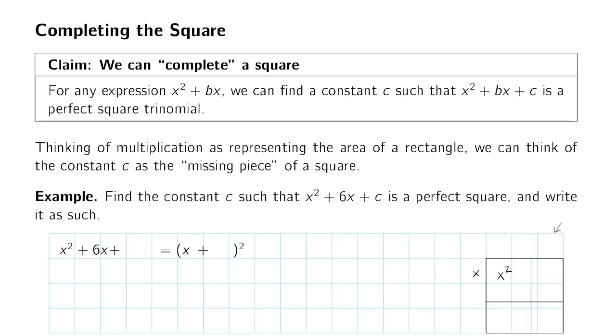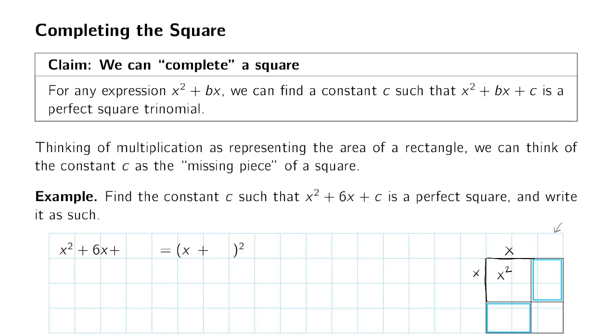So this length and this length are both x. Now, these two smaller rectangles here, this one and this one, they have the same area and they have x on one side of them.